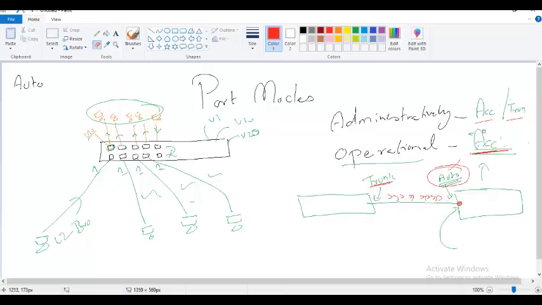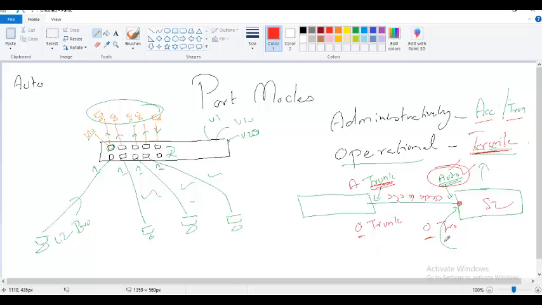You see, here administratively I configured trunk. Operationally, it must be a trunk because I administratively said you are a trunk. Whereas on switch 2 administratively it is auto, operationally it has become trunk. This one is trunking because of negotiation.